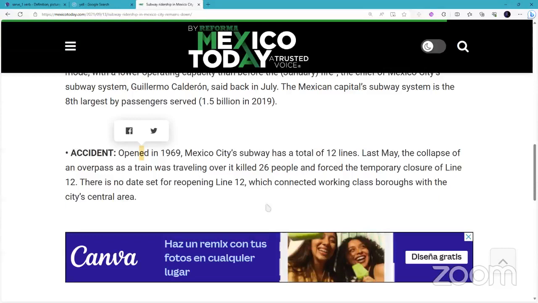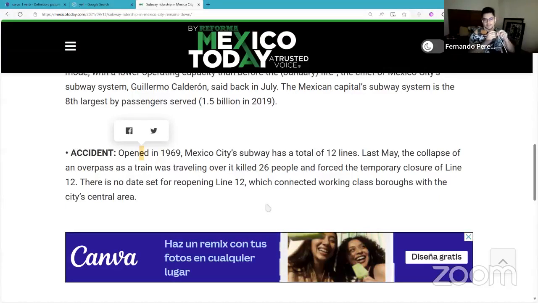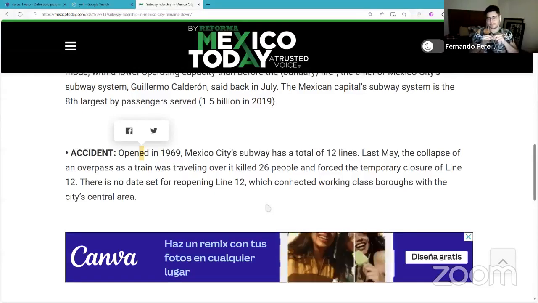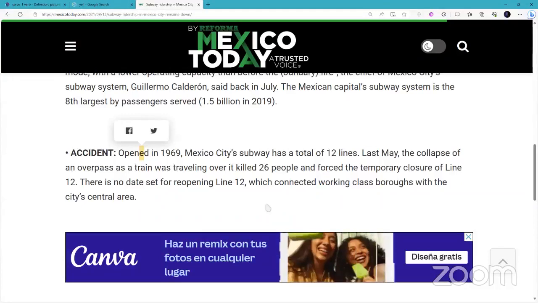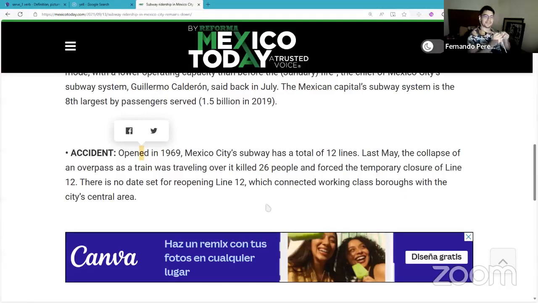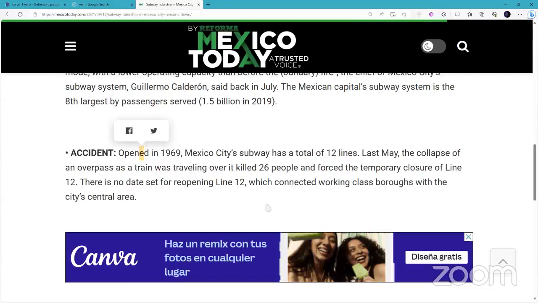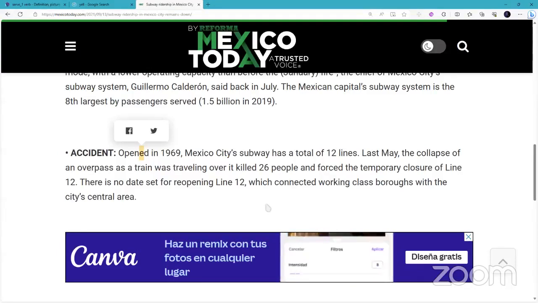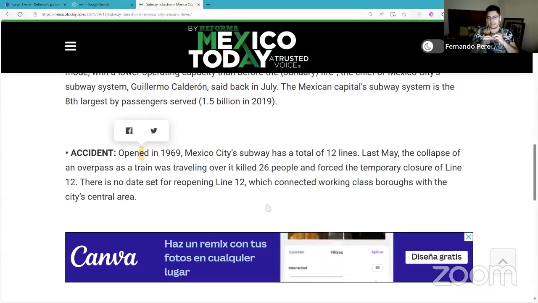So what happened with another overpass as a train? Can you repeat the question? Yes. What happened on the collapse of an overpass? 26 people. I am not sure with the words of the text. Of course. 26 people over it killed. Eliminate over it. Well, you are changing too much the text.